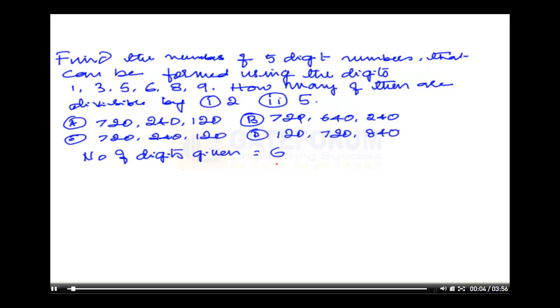We are given totally 6 digits. So the first question: we have to find how many 5-digit numbers can be formed with the help of 6 digits.